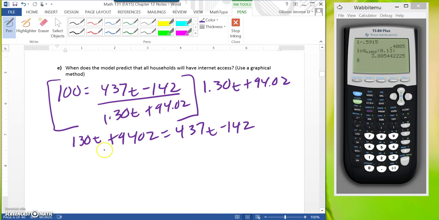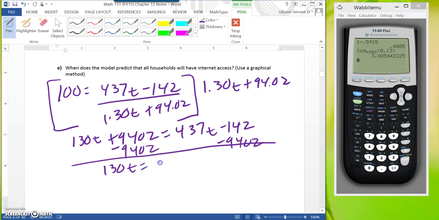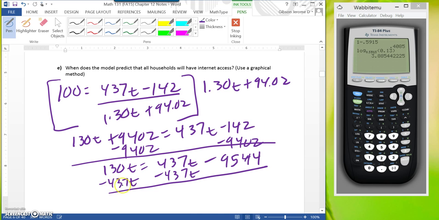Okay, class, what we could do here is just solve for t. We subtract 9,402 on both sides, and we have 130t equals 437t minus 9,544. Then we subtract 437t on both sides, and this gives us negative 307t equals negative 9,544.